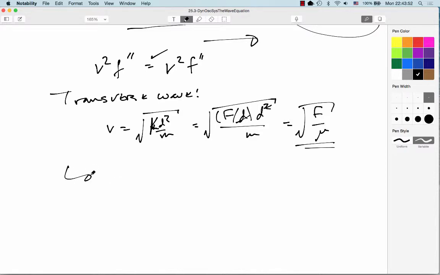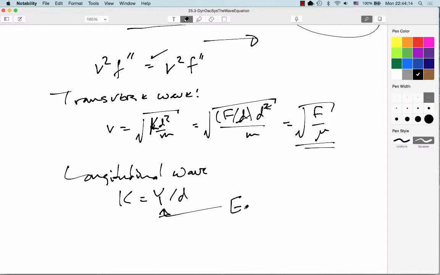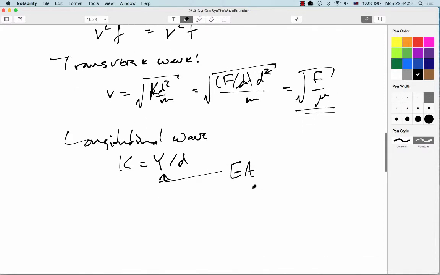For a longitudinal wave, we'll get the same thing if we let our K equal Y over d, which is really unfortunate. This is not the Young's modulus. Most texts actually write Young's modulus as an E. And so this is the Young's modulus here times the cross-sectional area.